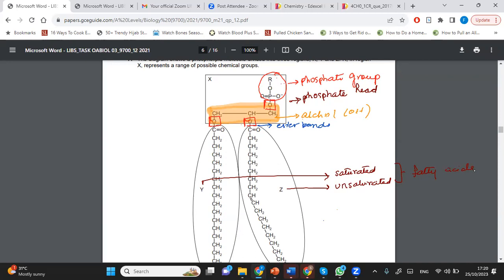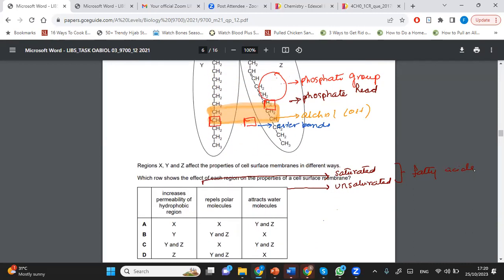That's what we had studied. So that also helps in increasing the permeability. The fatty acid chains are less packed together, less condensed, so they are more likely to allow the molecules to pass through.